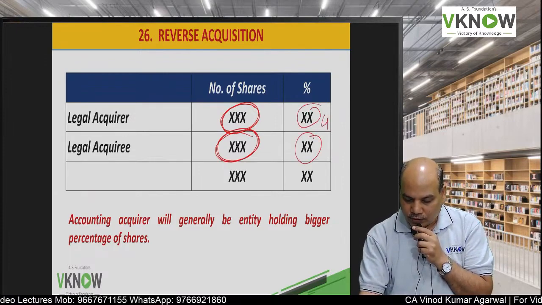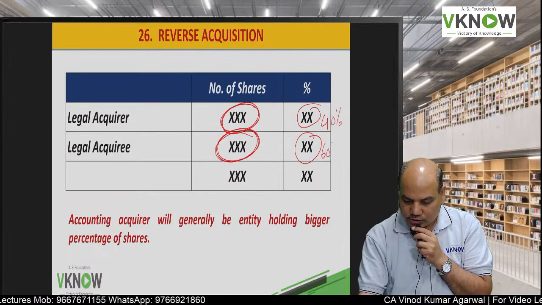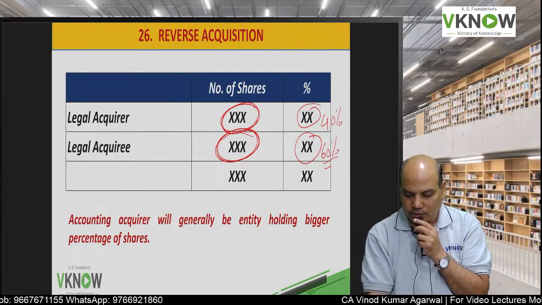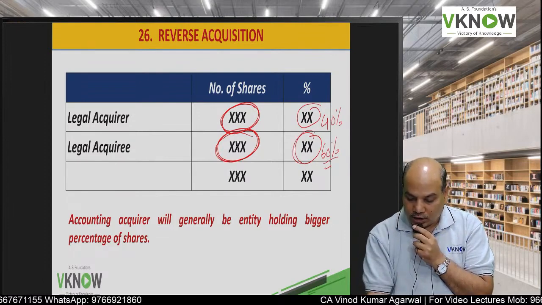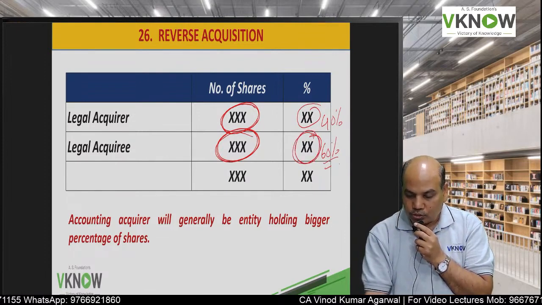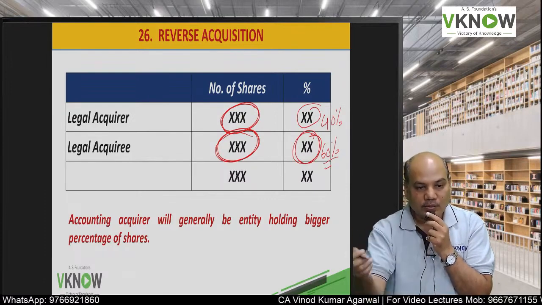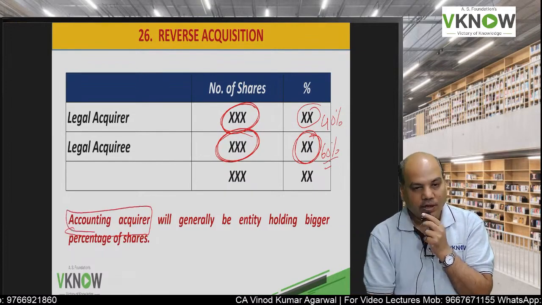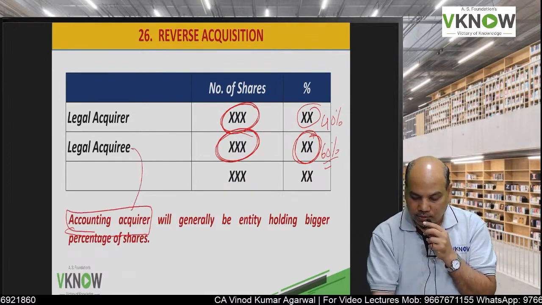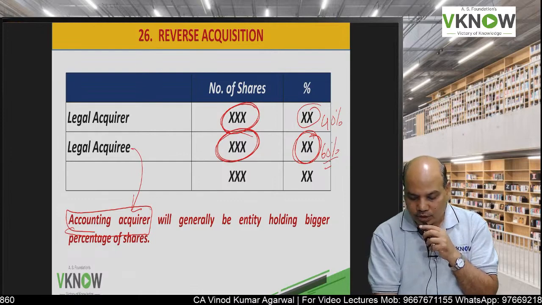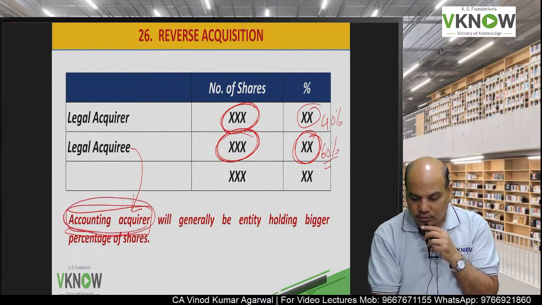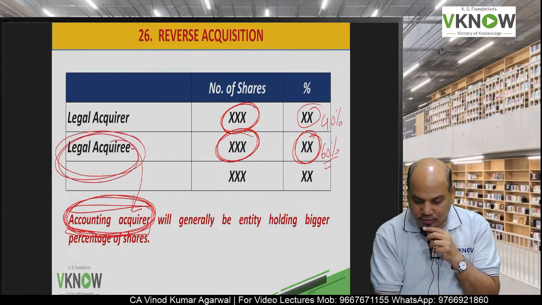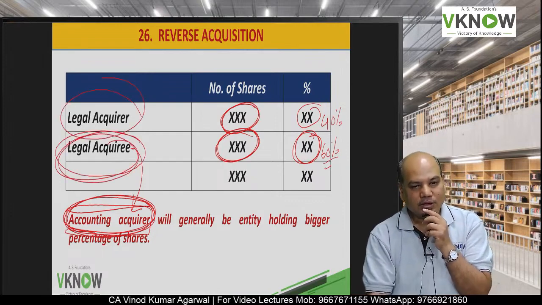Suppose this is 40% and this is 60%. Suppose in the merged entity this is the respective shareholding. If the legal acquiree is holding more shares in the merged entity, then that will be called the accounting acquirer. So this will become the accounting acquirer, and we have to do the accounting as if this entity has acquired the other entity.